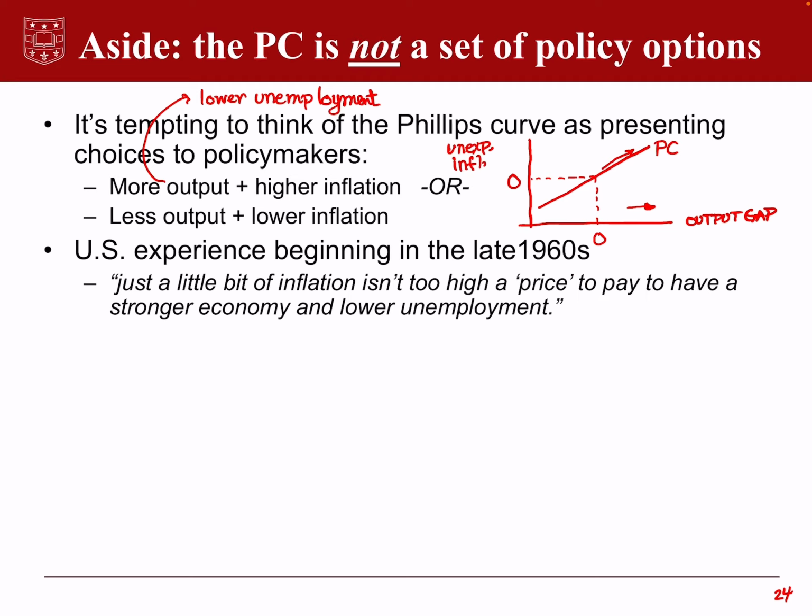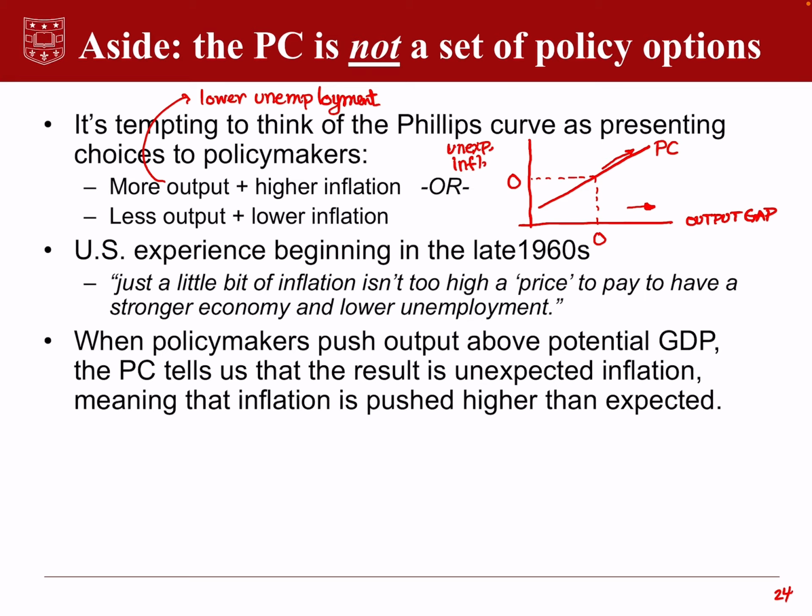End of the 1960s, of course, we had Vietnam War funding in the United States, but then also very aggressive efforts at introducing social policies, which were very much needed, but expensive, and some fairly generous tax cuts as well.